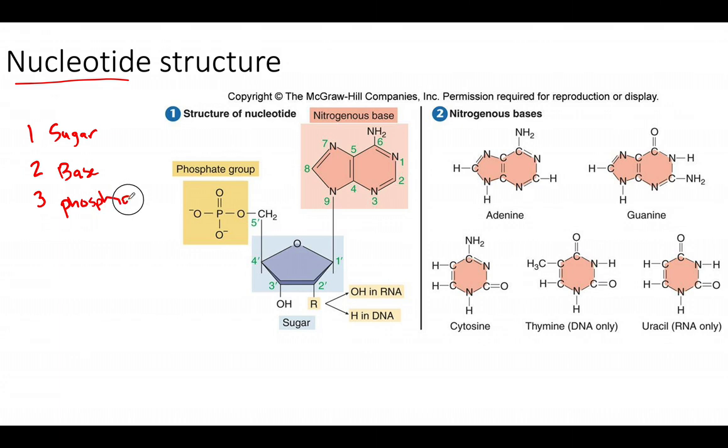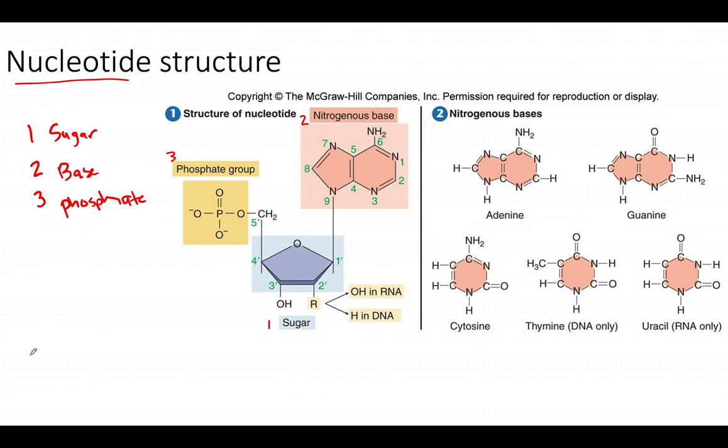There can be one phosphate group, but it can have up to three phosphate groups depending upon what type of nucleotide. Those are the three parts of any nucleotide. You can see here in the center of the molecule, that's the sugar. Off to the side here is a nitrogenous base, or base for short. And this one has just a single phosphate group. So those are the three parts.